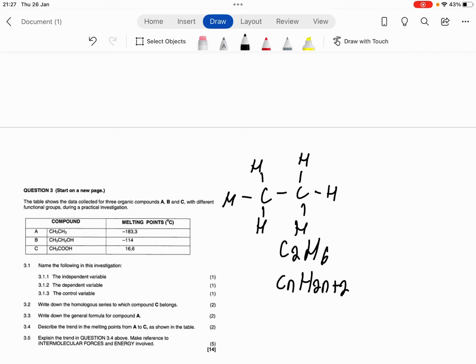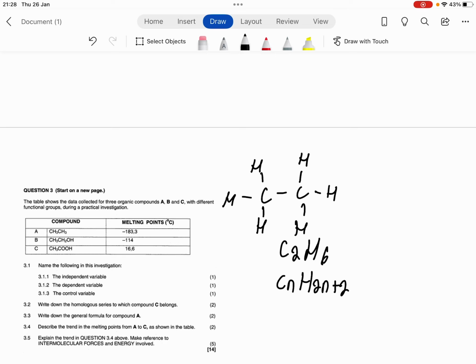Okay, so I've compared already compound C and B. Now I'm going to compare compound B and compound A. Compound B's intermolecular forces are greater than compound A's due to hydrogen bonding. Hence, more energy is needed to break the intermolecular forces in B. Hence, it has a greater melting point than compound A. Okay, and finish from there.